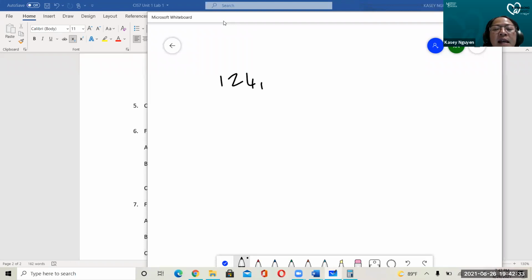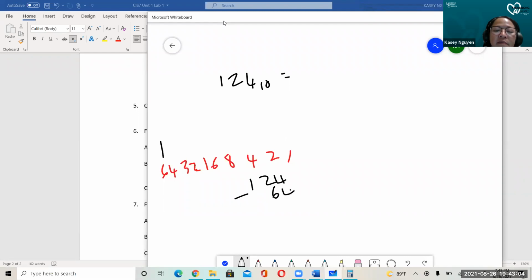In decimal, right? Here is where I'm going to convert to binary. So I'll just put this aside here. 1, 2, 4, 8, 16, 32, 64. Okay. And then I would take 124, subtract 64. So I put a 1 at the top. I'm using the subtraction method to go from decimal to binary.